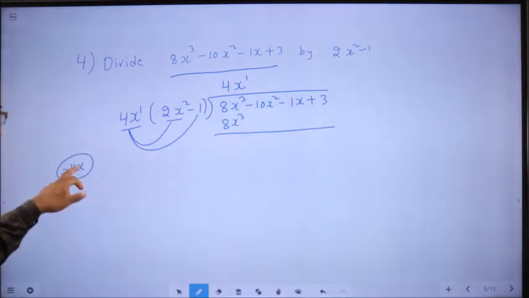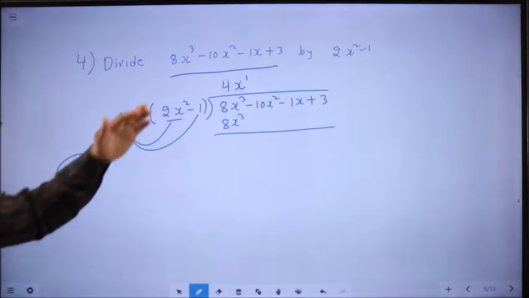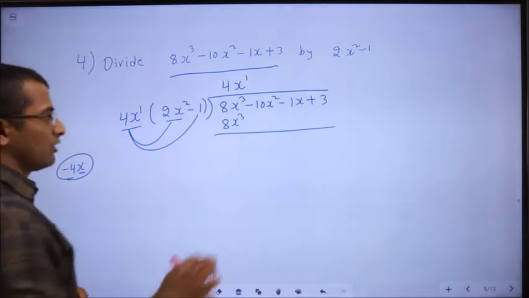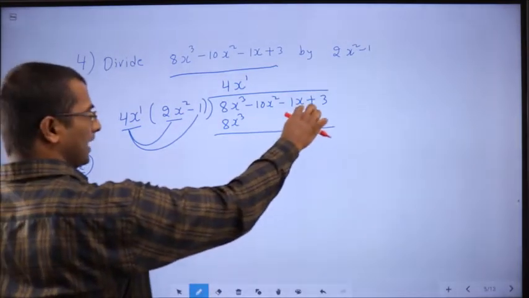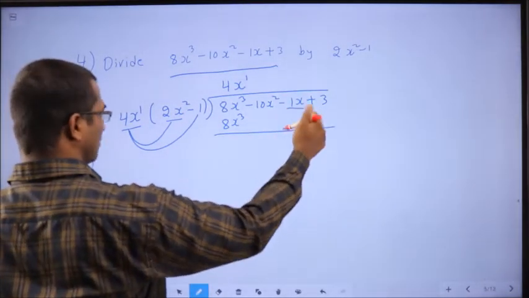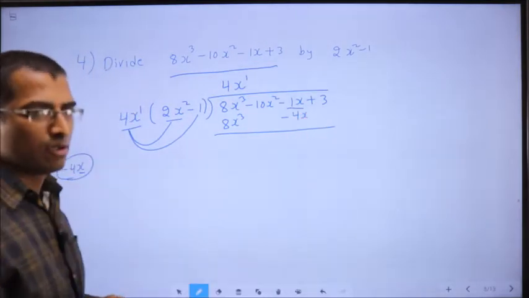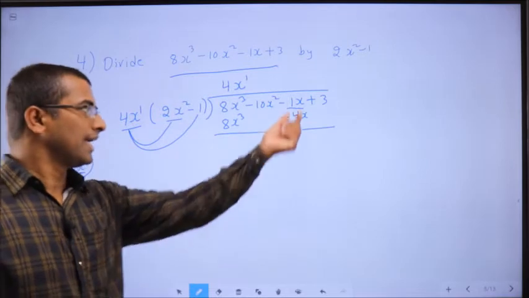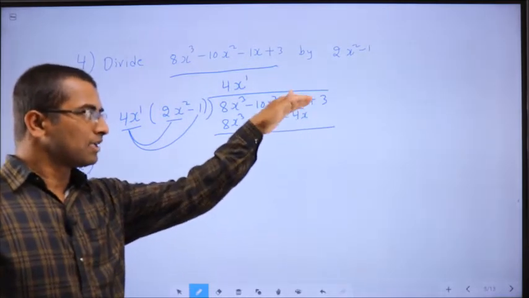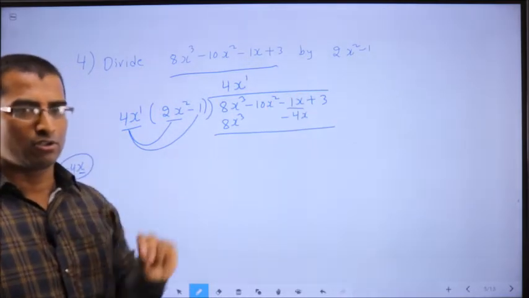This should be written under x only. Don't write it over here. Here I have got x terms, so below this only I want you to write minus 4x. I meant to say write below x power 1, write 4x power 1 also.